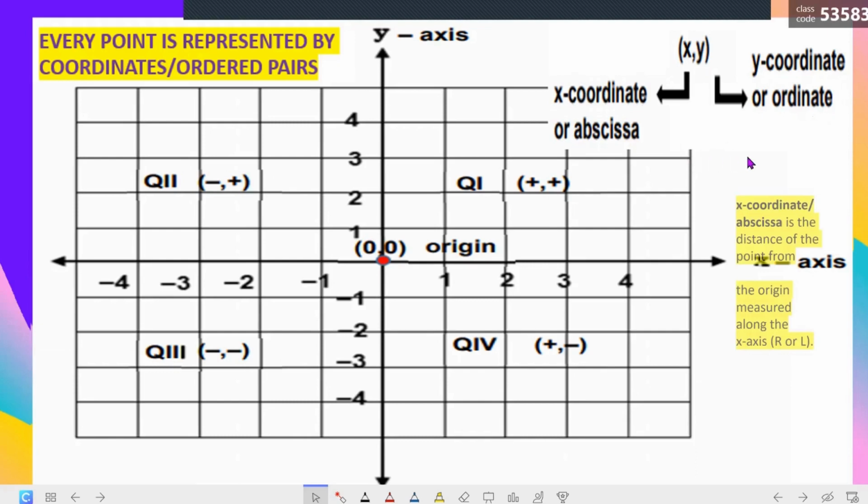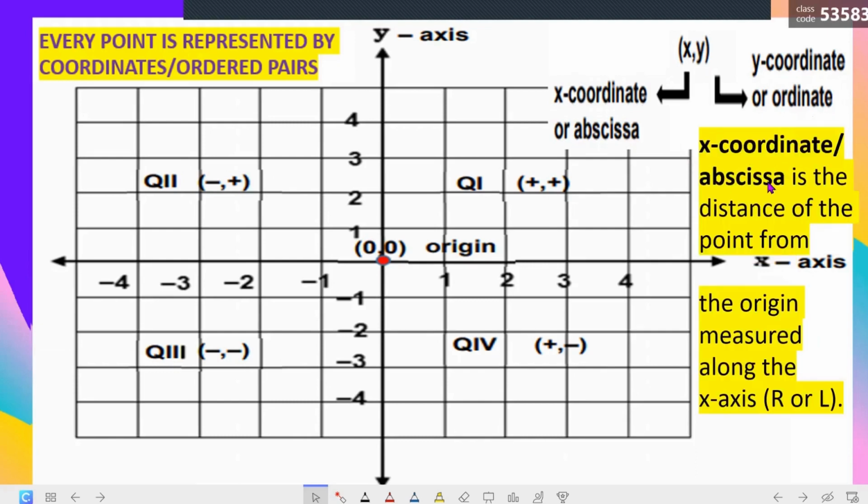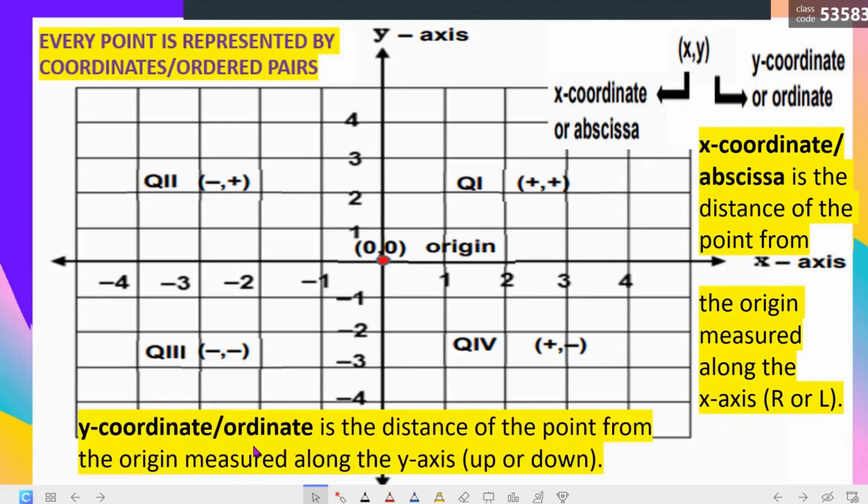So what is the x coordinate or the abscissa? It is the distance of the point from the origin measured along the x-axis. So this is a measurement along the x-axis, and we write it first in our notation. While the y-coordinate or the ordinate is the distance of the point from the origin measured along the y-axis.